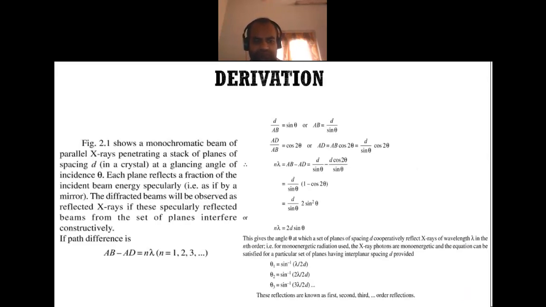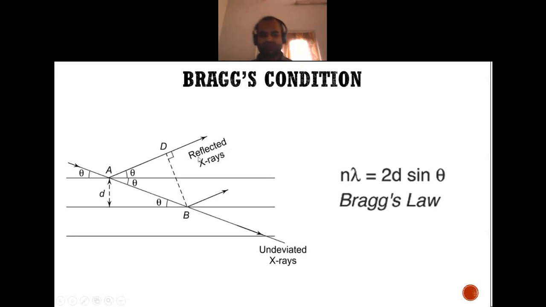We have seen that the diffracted beams will be observed as reflected X-rays if these specularly reflected beams from the set of planes interfere constructively.